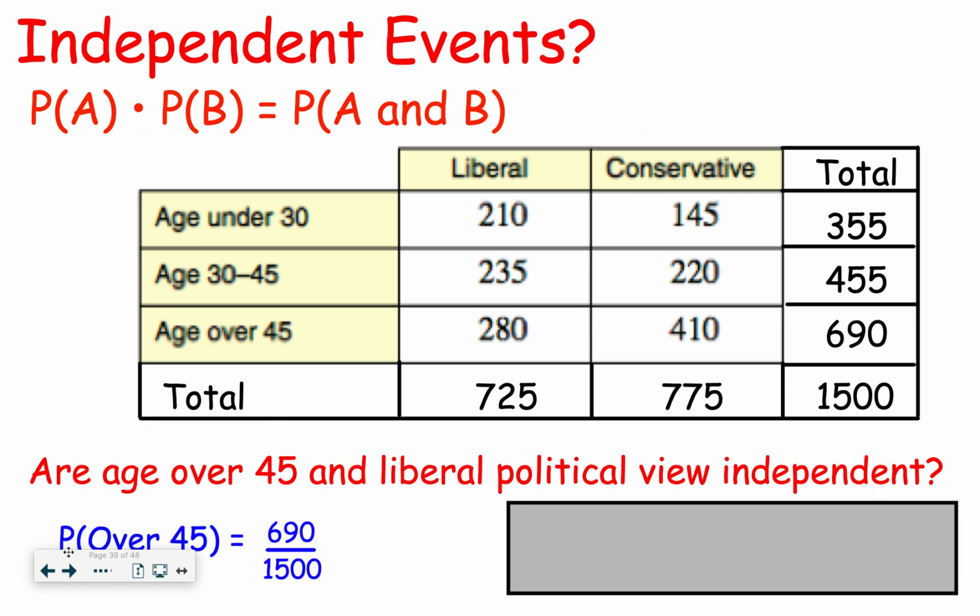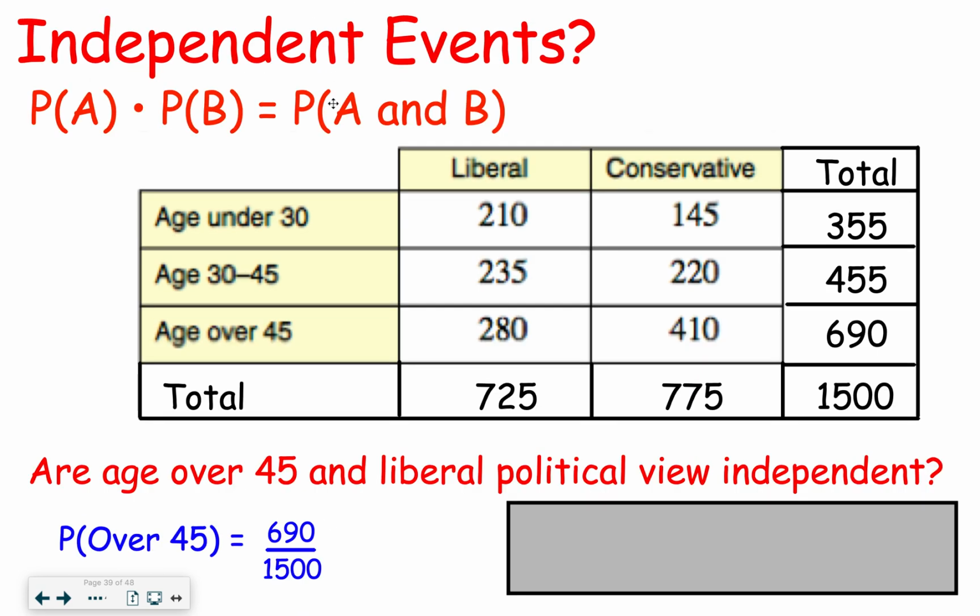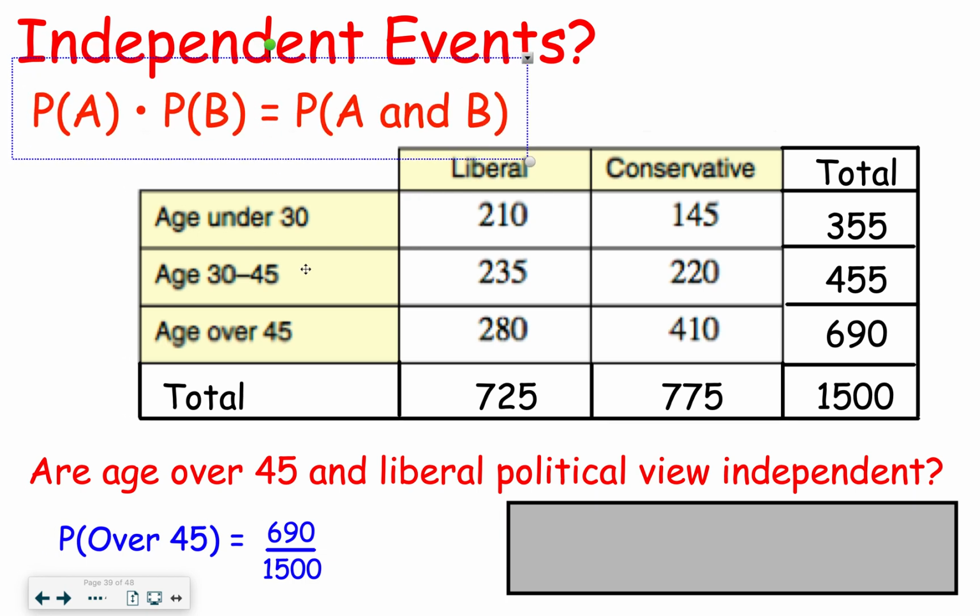Okay, then, of course, we've got to end with this table with independent events. So are being over 45 and being liberal independent of one another? So remember that if two events are independent, remind yourself of this formula, then the probability of being over 45 and liberal should equal the probability of being over 45 times the probability of being liberal.